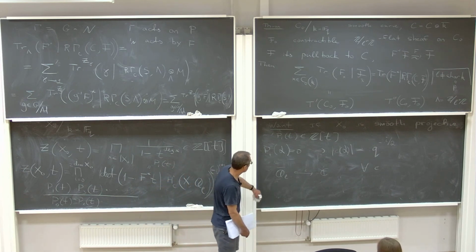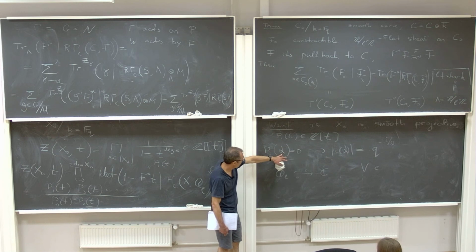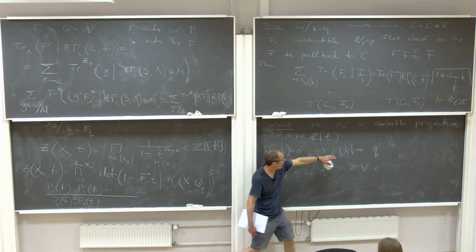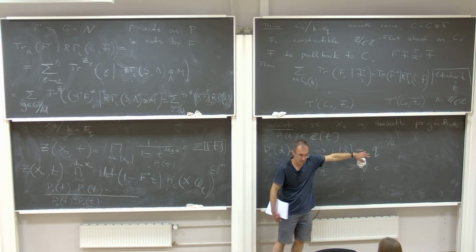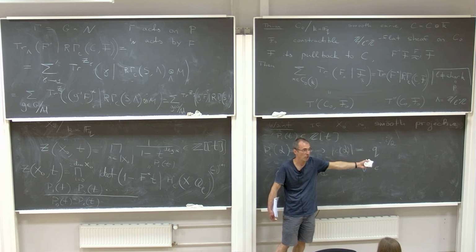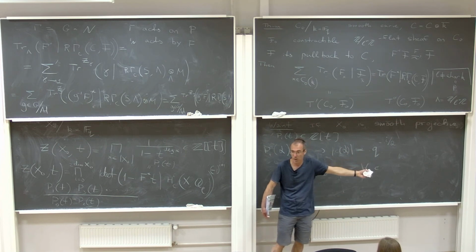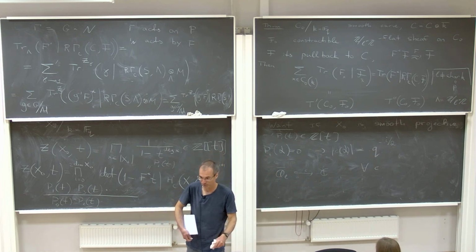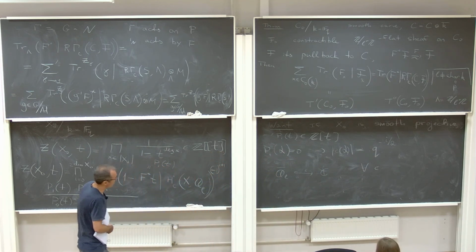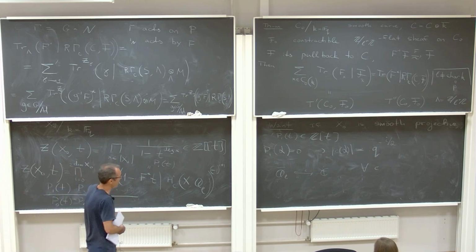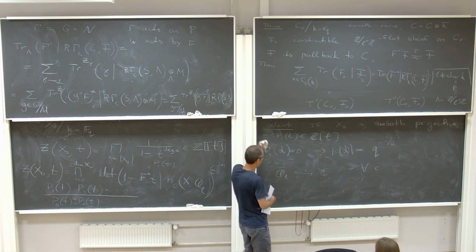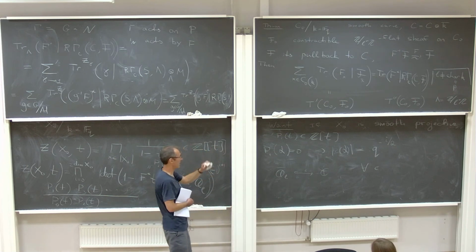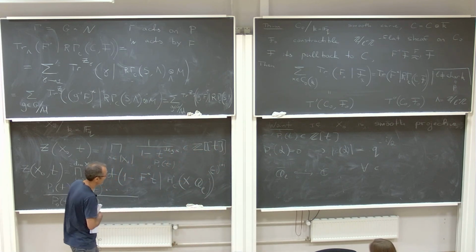So even if you know something about the reduction of alpha modulo L to the power n, it doesn't tell you anything about its complex absolute values, right? If you know a rational number modulo arbitrarily large powers of L, it doesn't tell you anything about its real absolute value. So there must be some kind of completely new insight. That's why it's difficult.